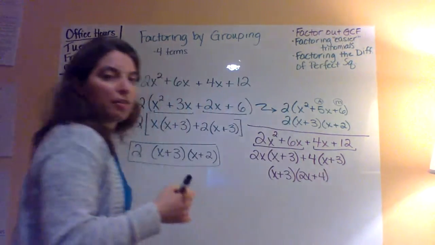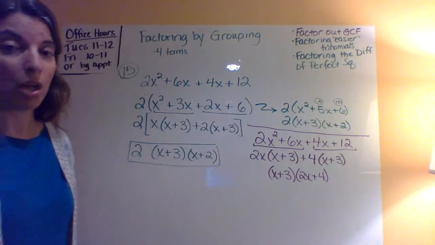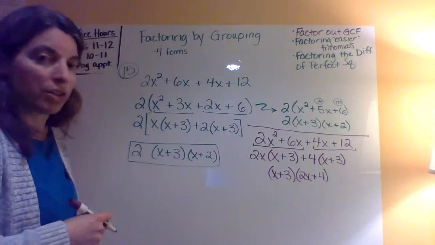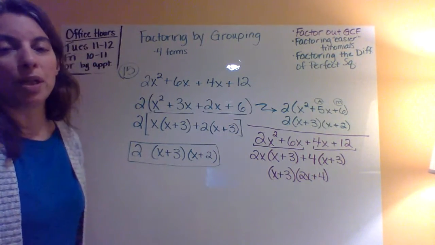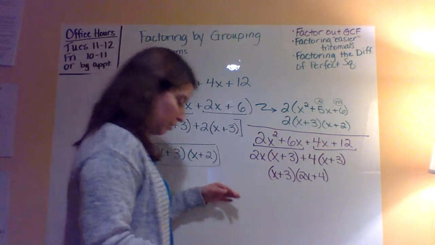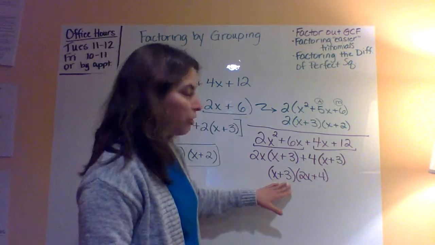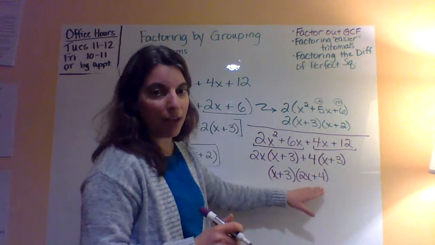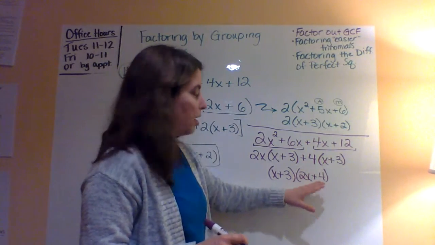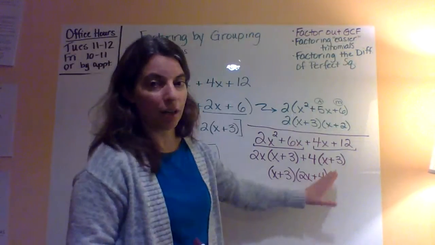Now, when we're done factoring, or when we think we're done, we always want to look at our factors and see if there's anything more we can do to them. You know, is one of them a difference of perfect squares or whatever? Well, here, x plus 3 is as simple as I can get, but if I look at 2x plus 4, that still has a GCF of 2.